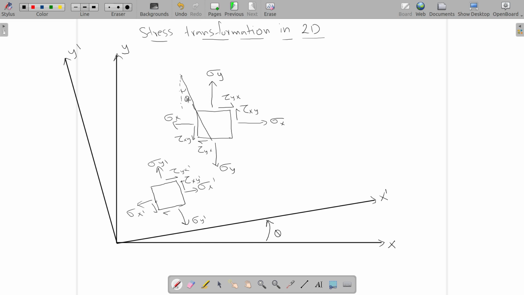This will be theta, right? Same theta, parallel to this axis. We'll make a cut here, and we'll find out the equilibrium equations for this part, and from there we'll find out sigma x dash value. See, sigma x dash is parallel to this line. So once we do the cut, we'll get the value of tau xy dash and sigma x dash.